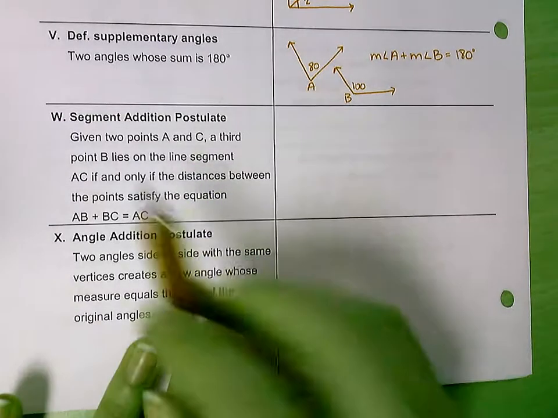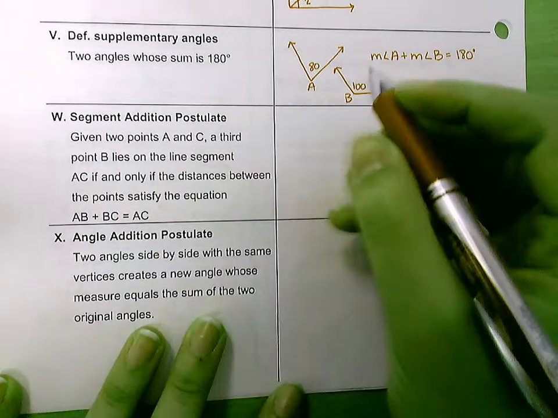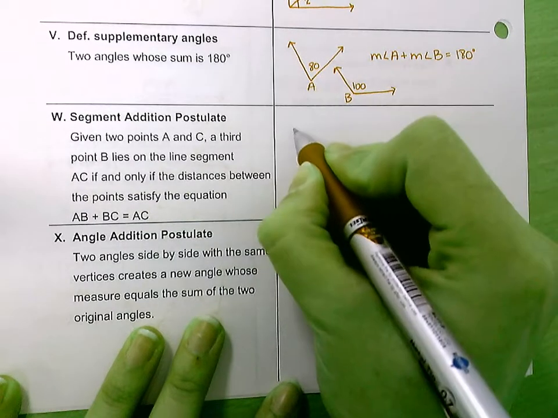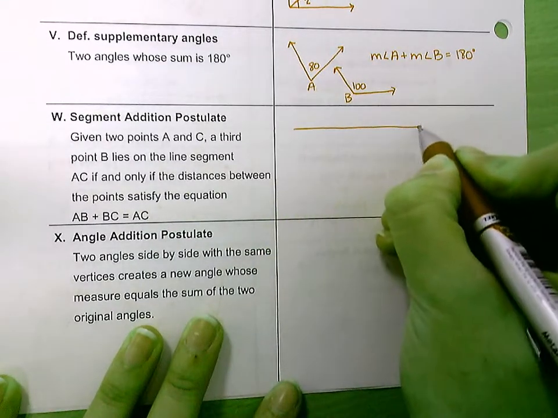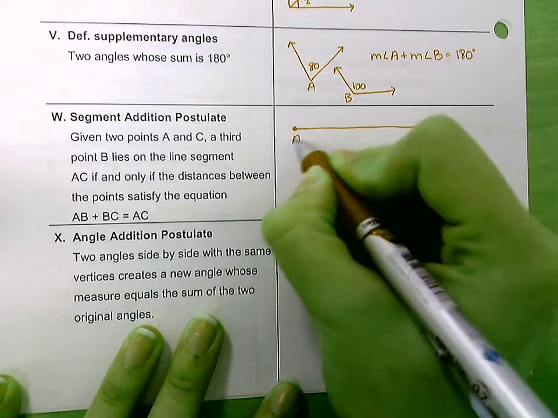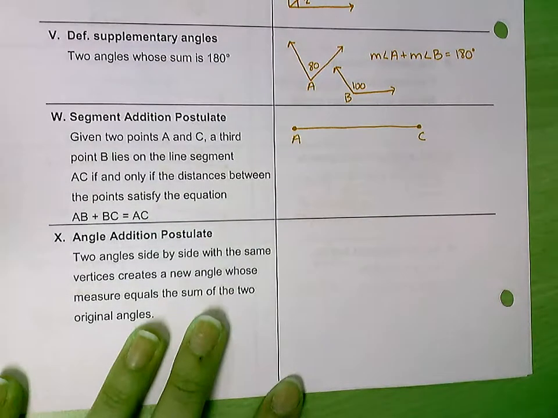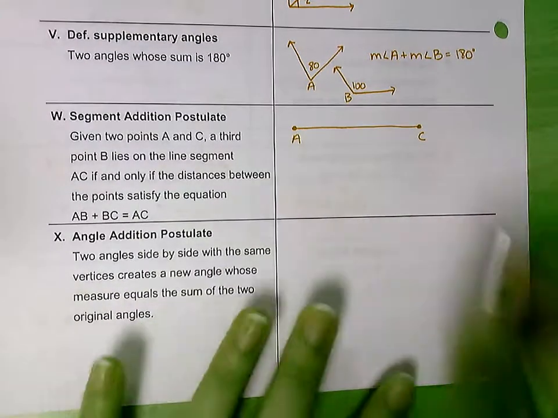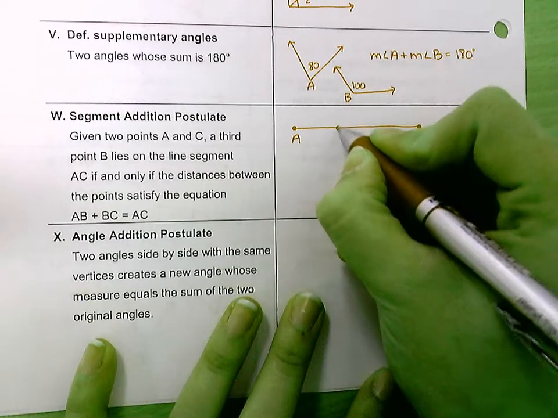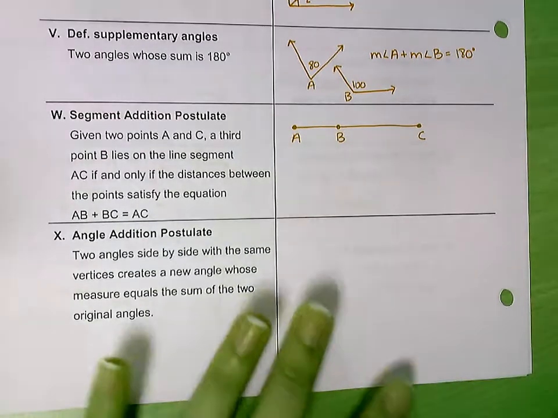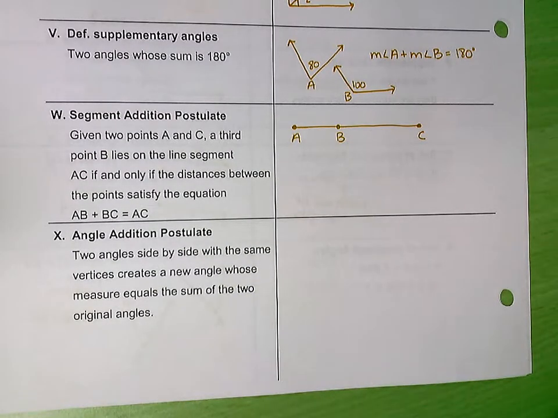Okay, so if you're given two points, A and C, I'm going to draw on my segment here. Your endpoints are A and C, and point B lies on that segment between them.